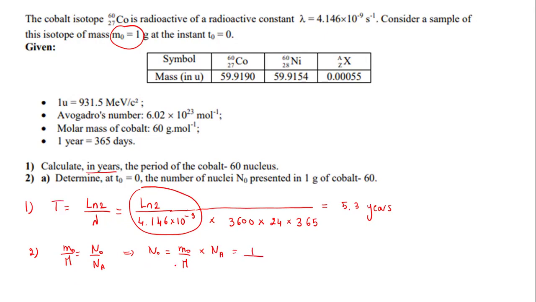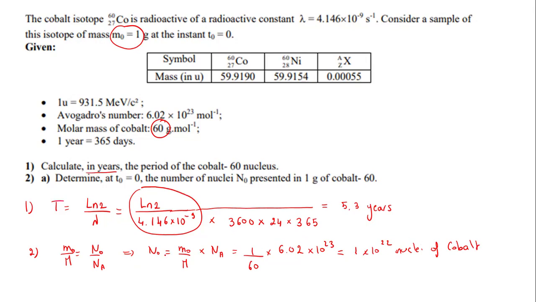So it's 1 over the molar mass of the cobalt, which is 60, times Na, Avogadro's number, also given as 6.02 times 10 to the power 23. Then we get N0 approximately equal to 1 times 10 to the power 22 nuclei of cobalt. So basically, I had this many cobalt nuclei in the sample.